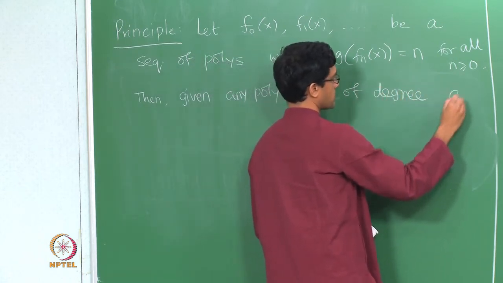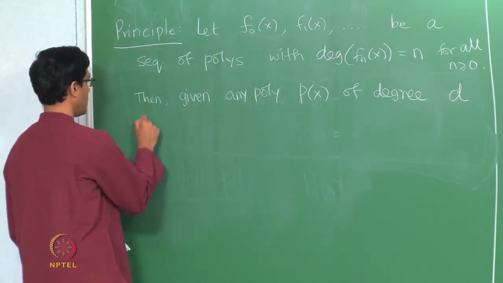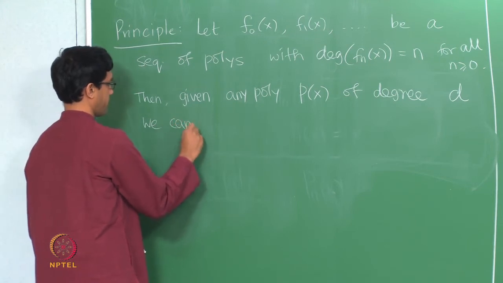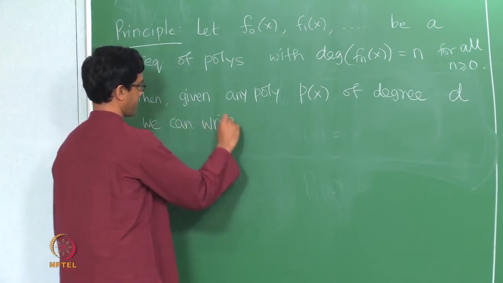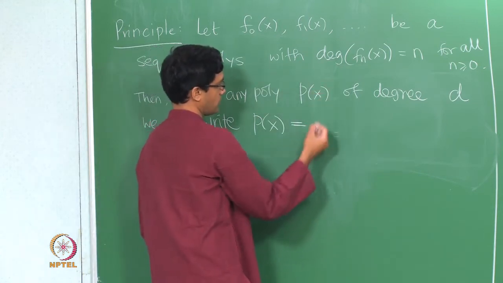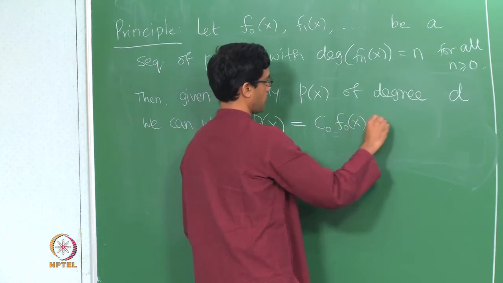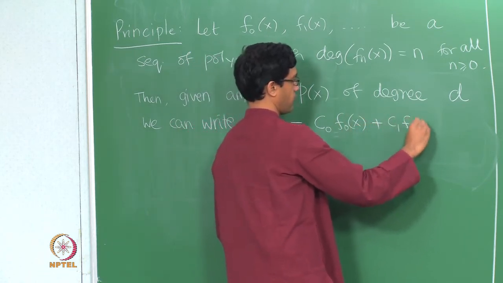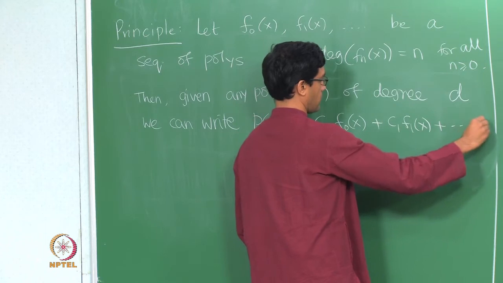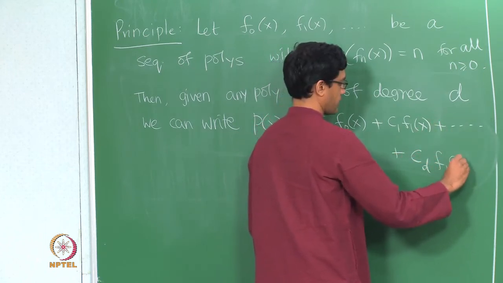Given any polynomial p of x of degree d, we can write the polynomial p as a combination: C0 f0 of x plus C1 f1 of x, and so on, all the way till Cd fd of x.